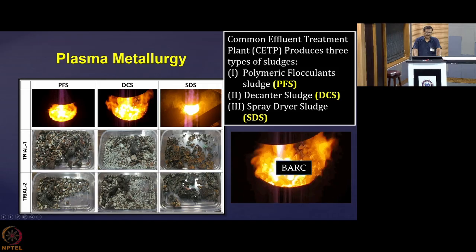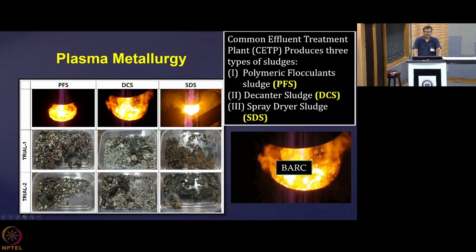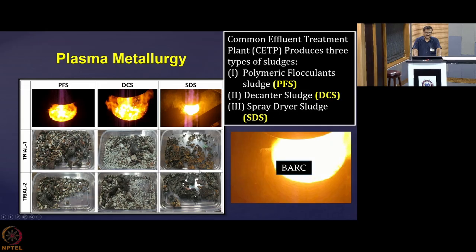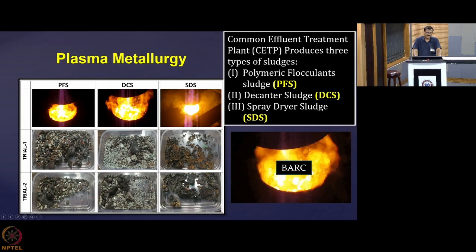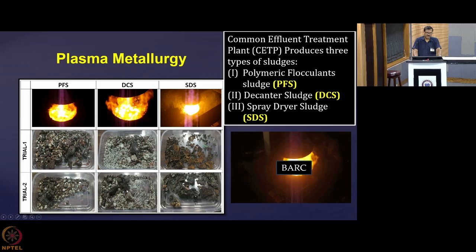Here we have used three types of sludge: polymeric flocculant sludge, decanter sludge, and spray dryer sludge. In each of them you are seeing that the plasma is finally able to segregate the materials.